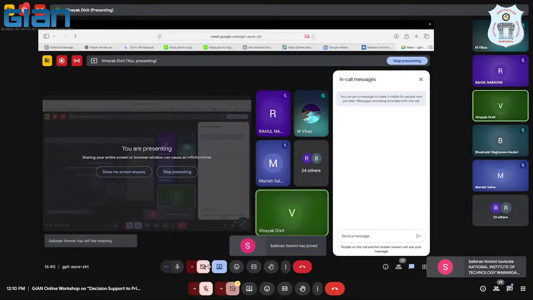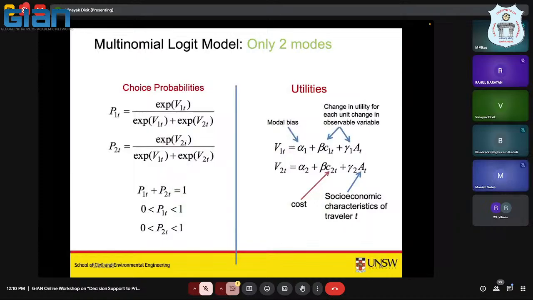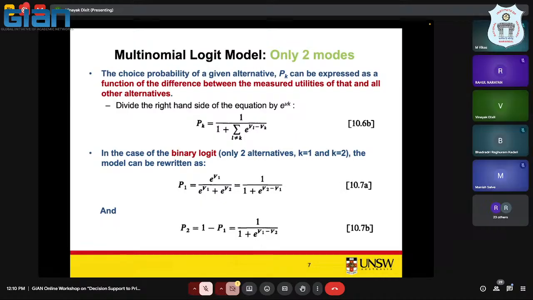All right. No, sir. So this is giving an example of a binary logit model. What we talked about was a binary logit model. Binary means 2, so you have only 2 modes.